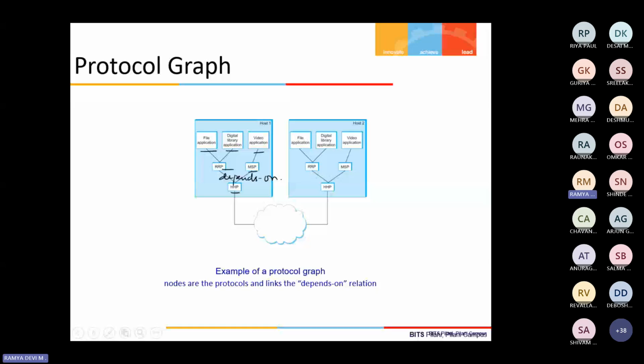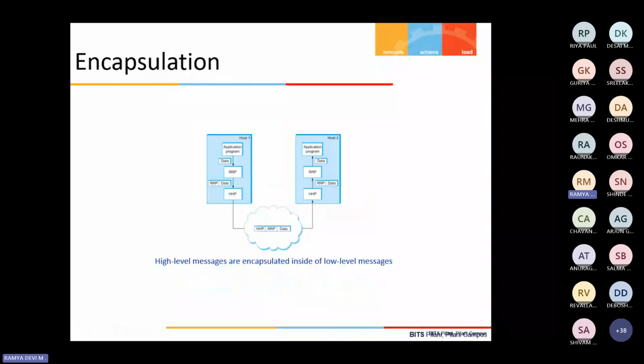The next one is encapsulation. Encapsulation is how the data is packaged for transmission across the layered architecture. When the application program sends data, the data alone is sent to the next layer, here RRP.